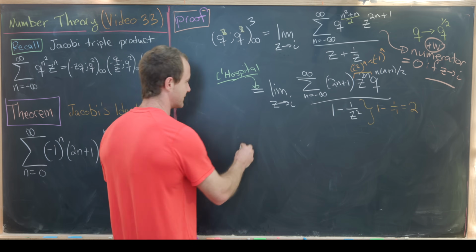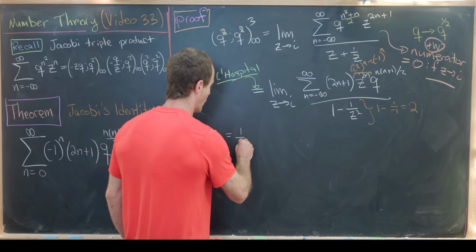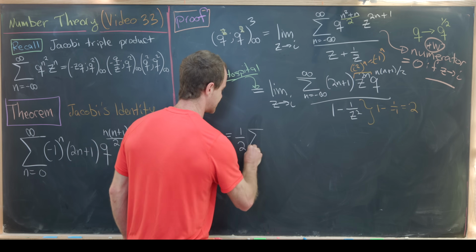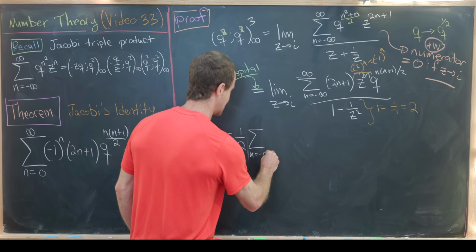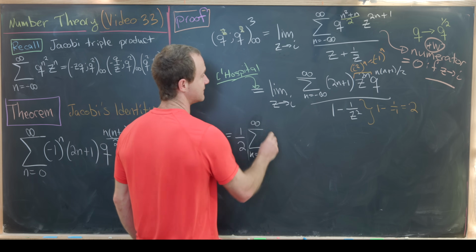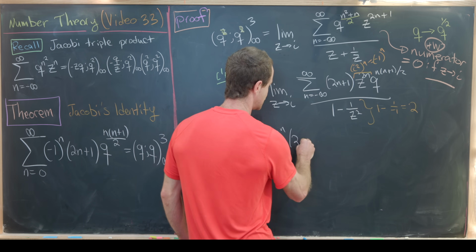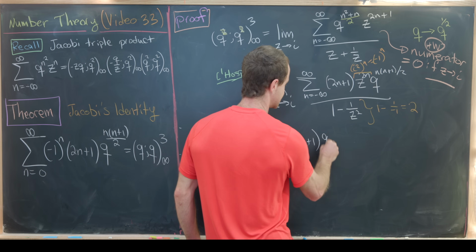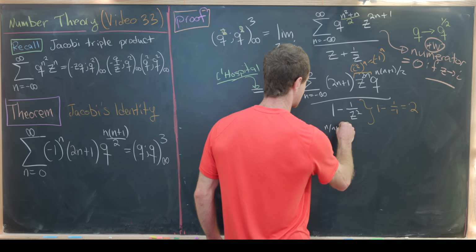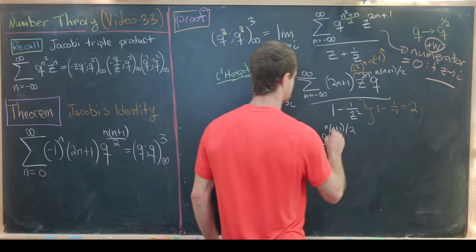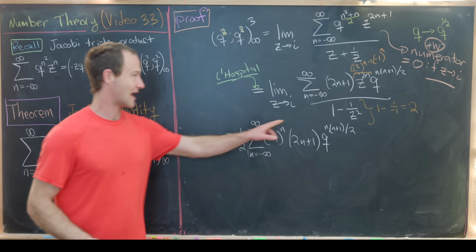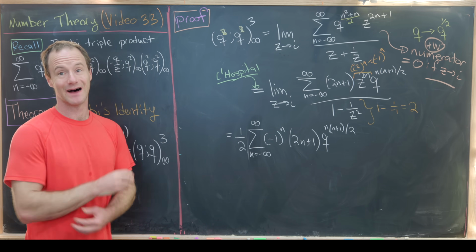So after that simplification, we will have 1/2, and then the sum as n goes from minus infinity up to infinity of minus 1 to the n times 2n plus 1 times q to the n times n plus 1 over 2. So I just brought this half out. That came from the denominator.